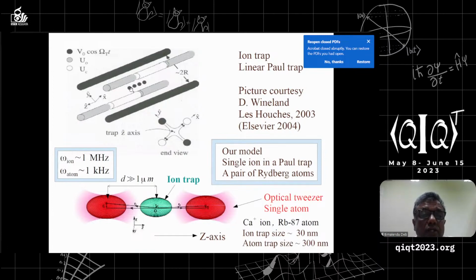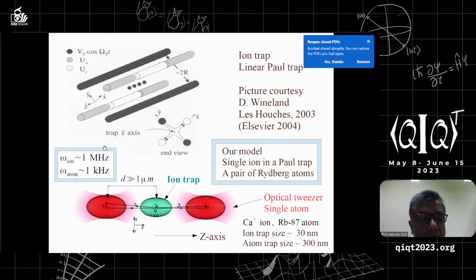If you trap many ions, then they can form a string because of the interplay between the trapping potential and the long-range repulsive Coulomb interaction between the ions. Then they are at an equidistant separation, forming a one-dimensional array.